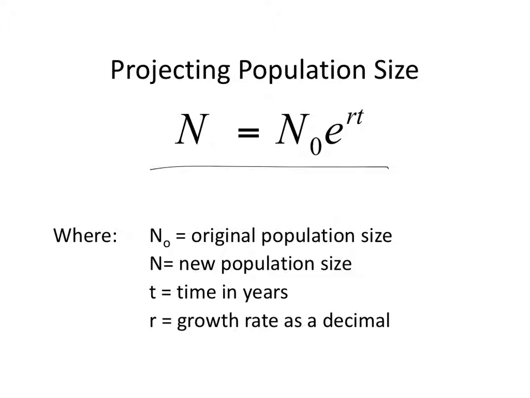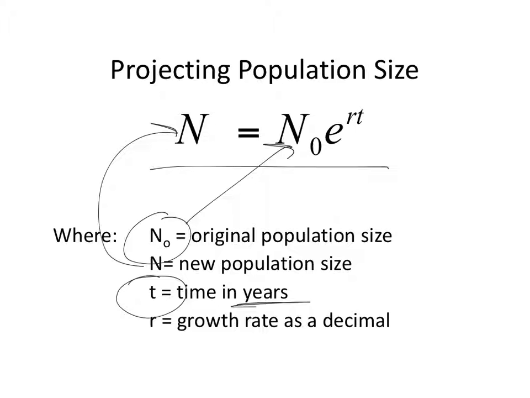So if we look at this standard exponential growth equation, we have some important pieces. The original population, N0 there. Our new population is there. Time, and this is important because if we are looking at the growth in years, that's time in years.